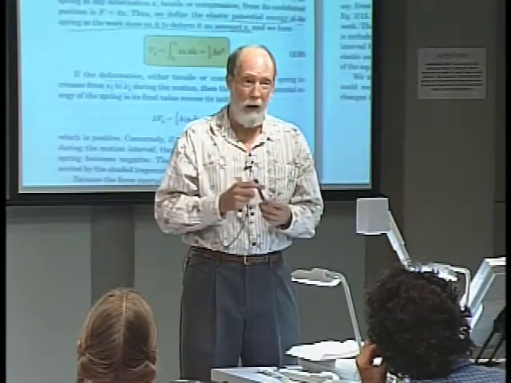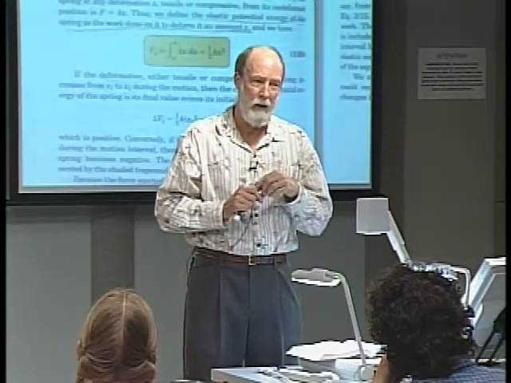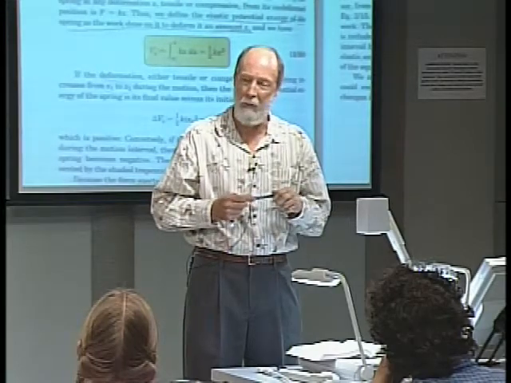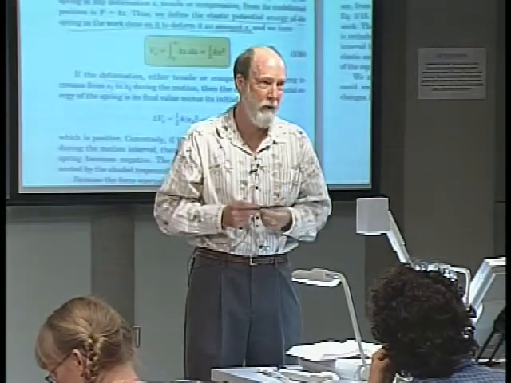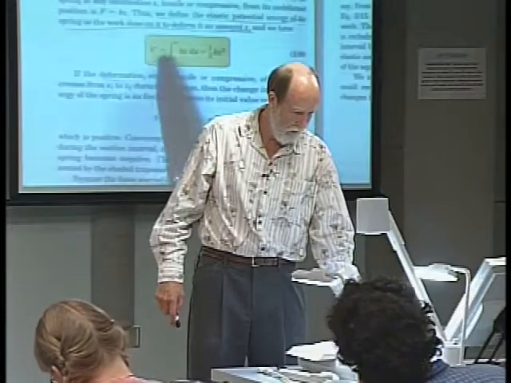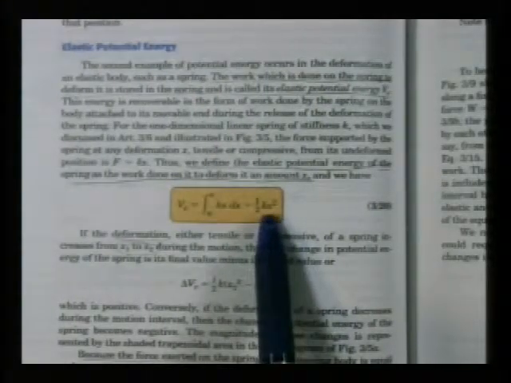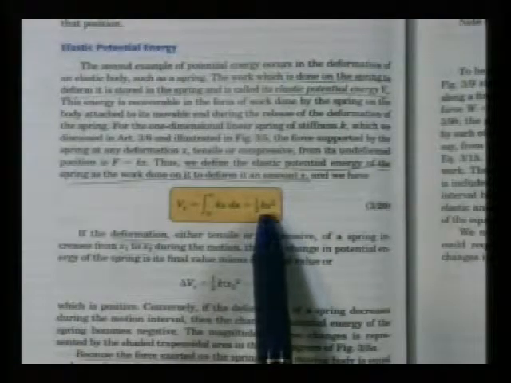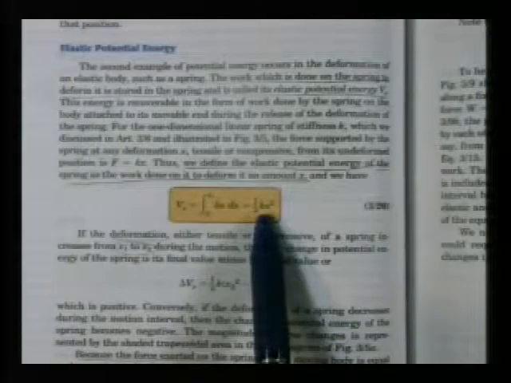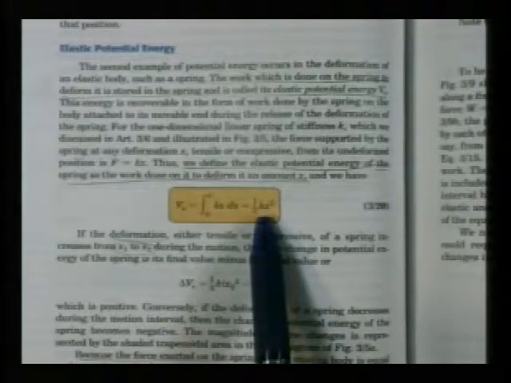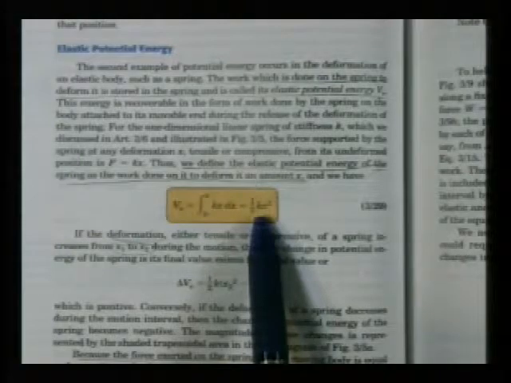Now, if we move that energy to the other side of our equation, it becomes positive, and that becomes what we call the elastic potential. It's defined as that kx dx integral for a linear spring, and it's going to be positive 1/2 kx squared, where x represents what? The displacement from the undistorted spring length.